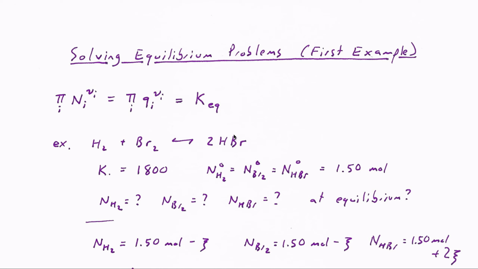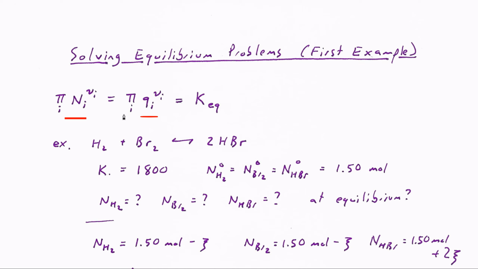Okay, so let's try our first example with plugging in some actual numbers and see how we solve an equilibrium problem based on what we know about the equilibrium condition, which is that at equilibrium, this particular product of the numbers of each molecule raised to their stoichiometric coefficient is equal to the product of the partition functions raised to their stoichiometric coefficients.